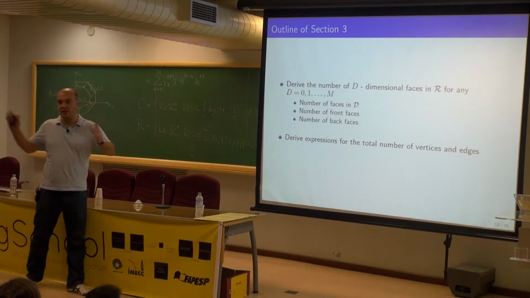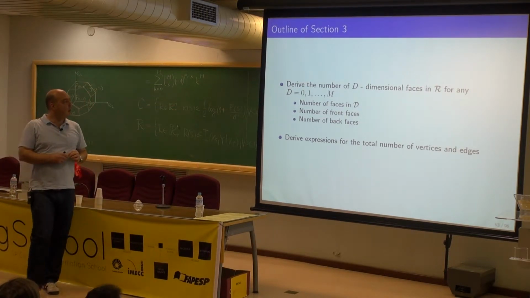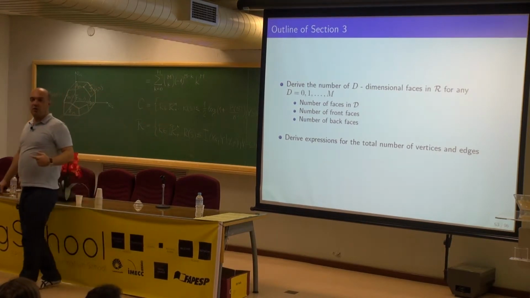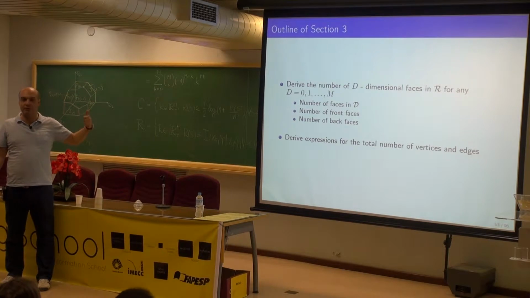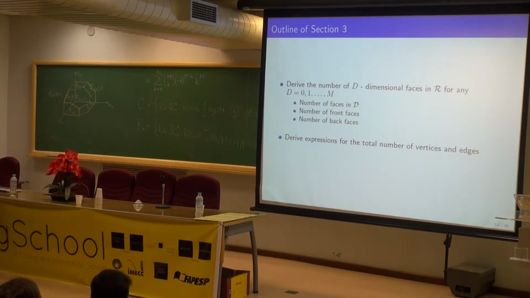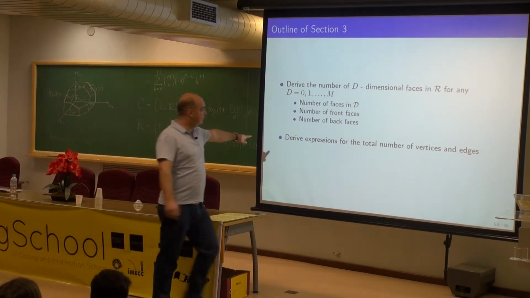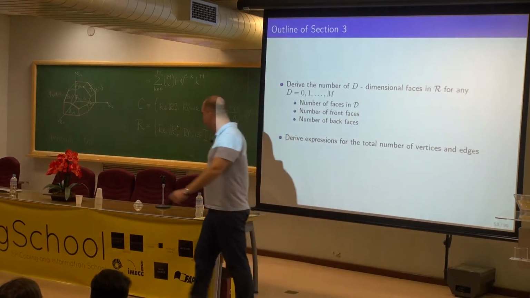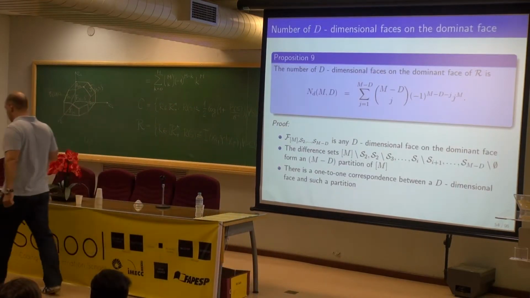For d equals m it is the entire region, so it's always 1. And then we build the proofs on counting first the number of front faces, and then the number of back faces. And then, obviously, the sum of the front faces and the back faces will give us the total number of faces. And then, this is going to be fun. We get a closed form expression for the special cases of d equals 0 and d equals 1. And this is the solution.